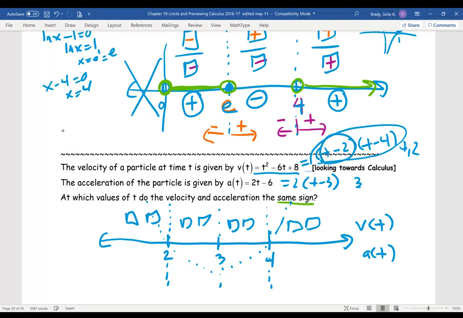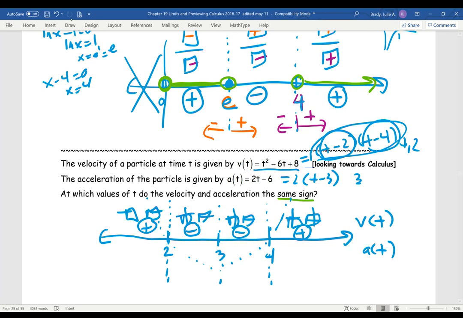At 2, that's here, plus, plus, plus, negative. And here would be at 4, so plus, negative, negative, negative. So this is a plus number, this is a negative number, this is a negative number, this is a plus number. Notice that would be the same if you just thought about it graphically. This parabola has intercepts at 2 and 4. It opens up, so to the right of 4 and to the left of 2, it's above the axis, which is positive. So that's another way to think about it.